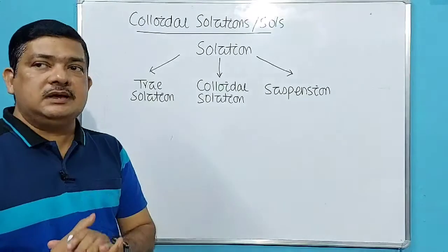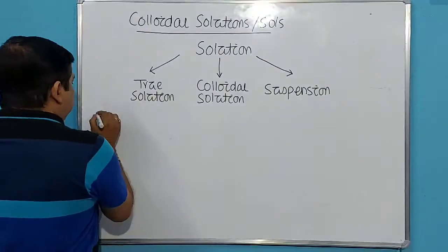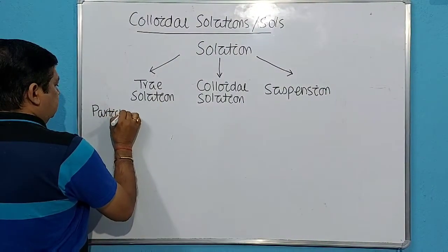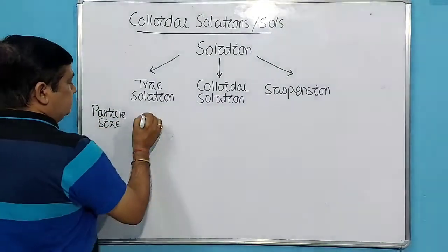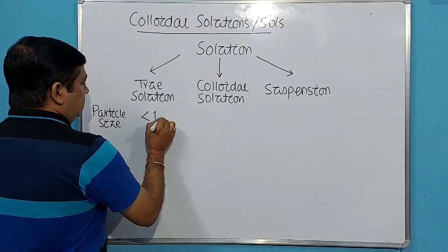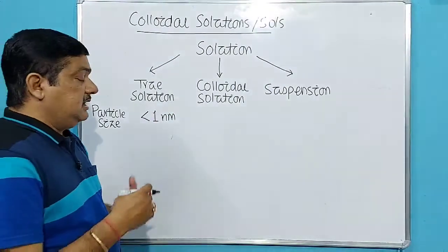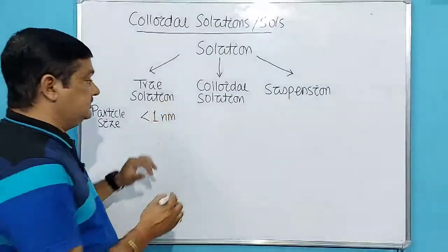So you have to clearly remember the particle size in it. The particle size of a true solution is less than 1 nanometer. Those solutions where the particle size of the solute is less than 1 nanometer are called true solutions.